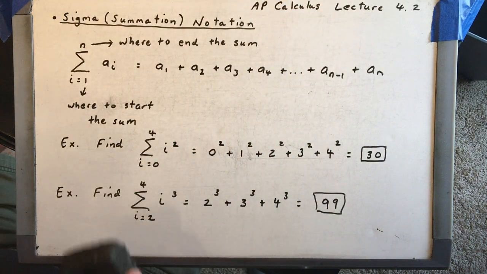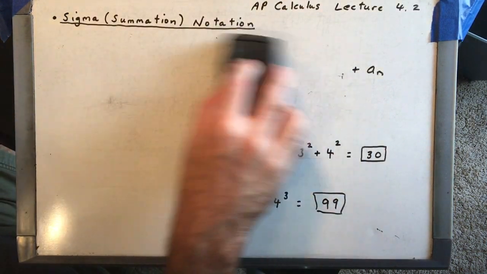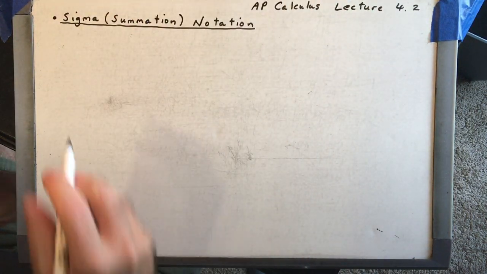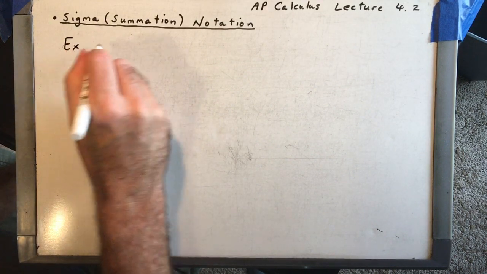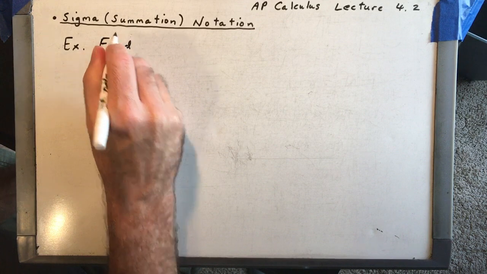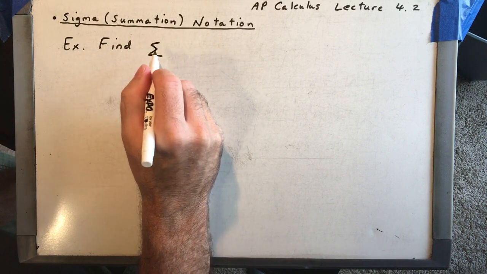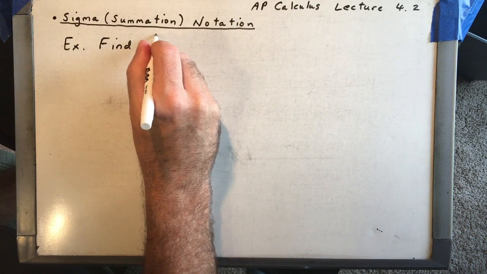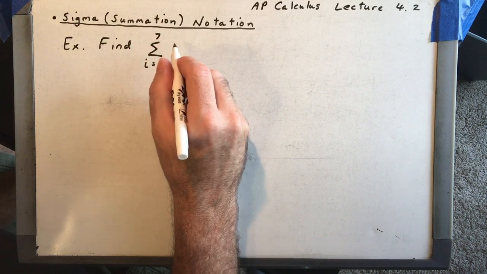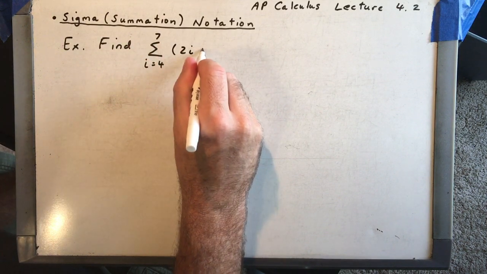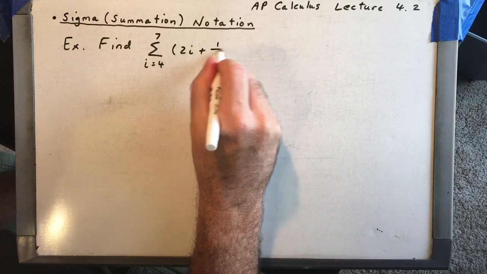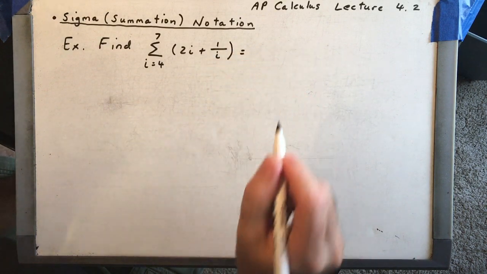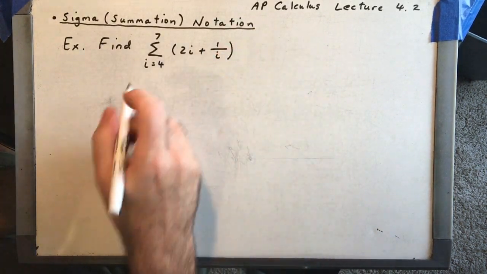All right, I'm going to try one more. Let's find the sum from i equals 4 to 7 of 2i plus 1 over i. Let me write this answer underneath here.